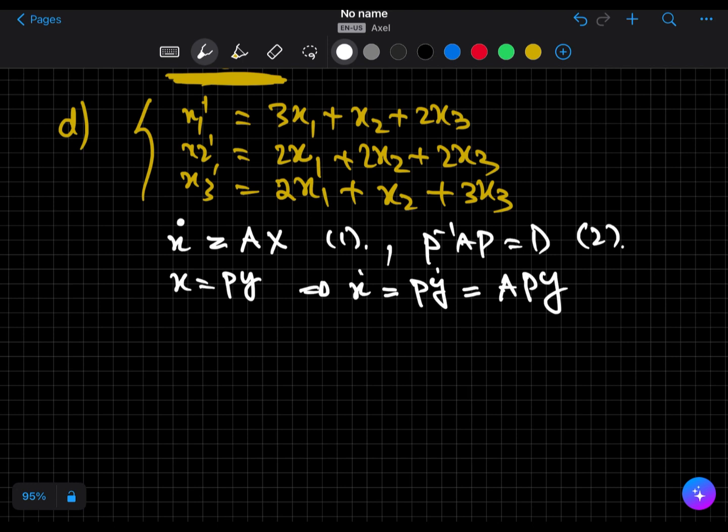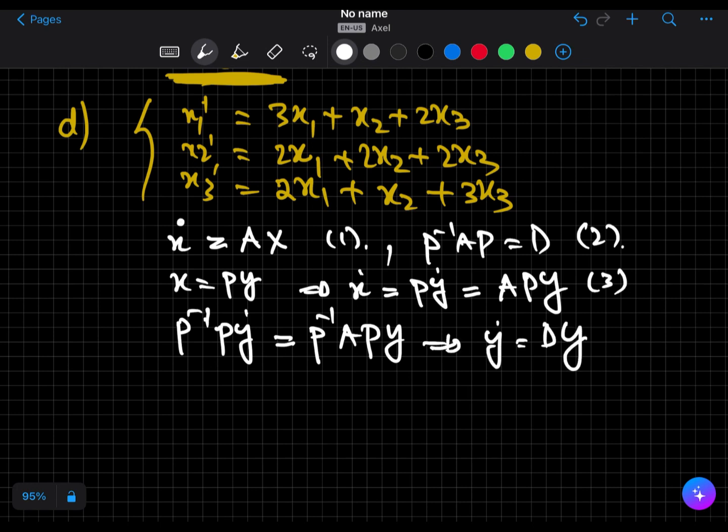Do you agree? Yes, because x dot is Ax, and we say that x is Py. Now, if we multiply both sides by P inverse, we have P inverse P y dot equals P inverse APy, which leads to y dot equals Dy.